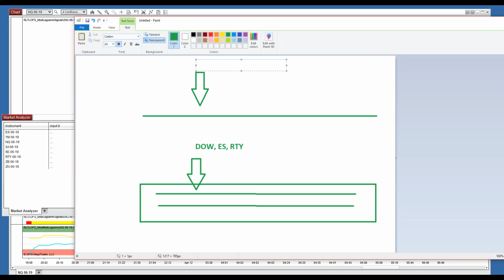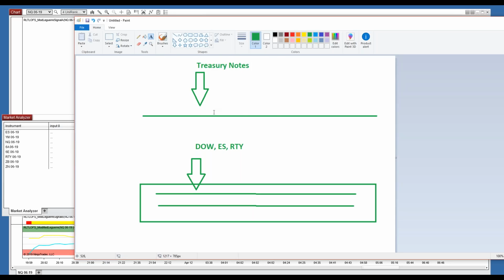And in fact, a better example would be, let's look at Treasury notes. Now, if Treasury notes go up, what is usually happening with bonds? Well, bonds are going up also. But what's usually happening with stocks? Stocks are usually falling.